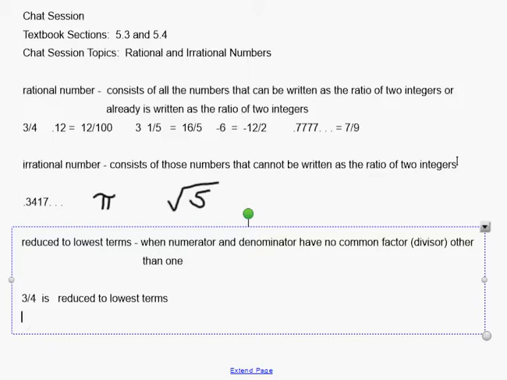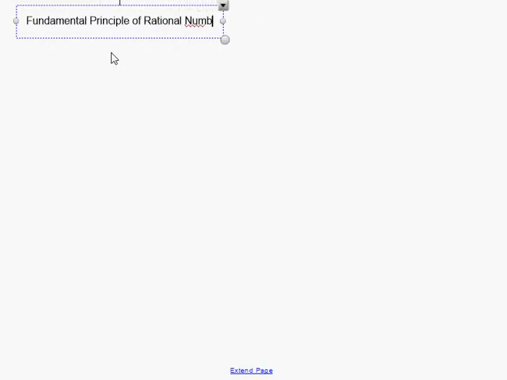Now, let's talk about the fundamental principle of rational numbers.